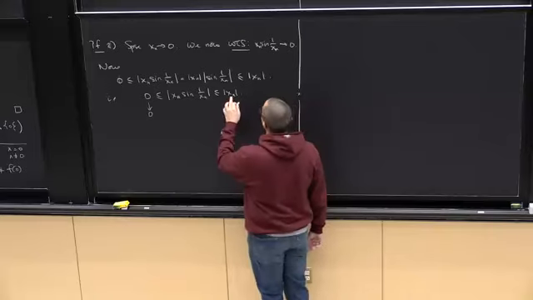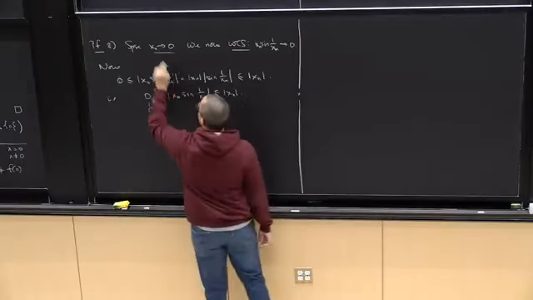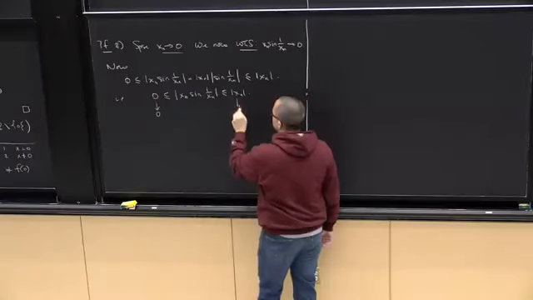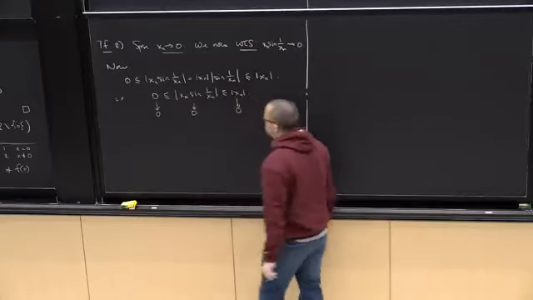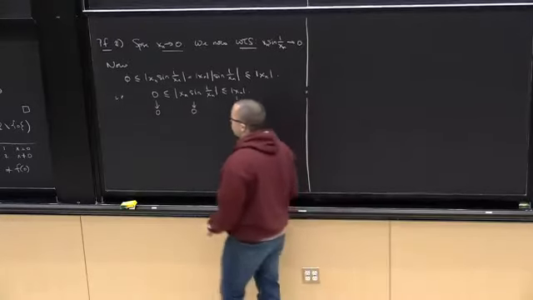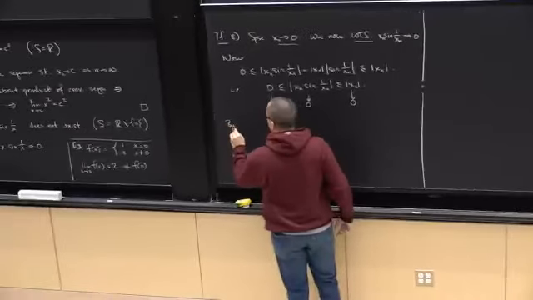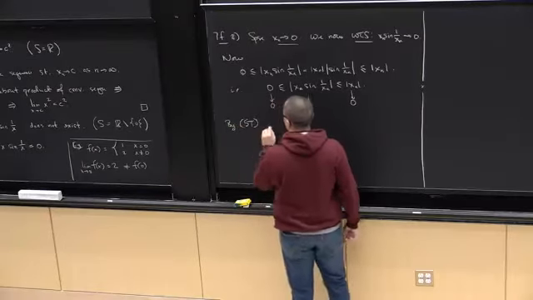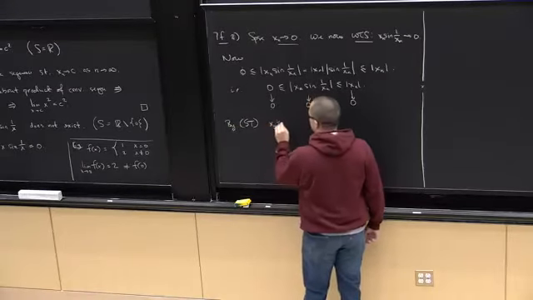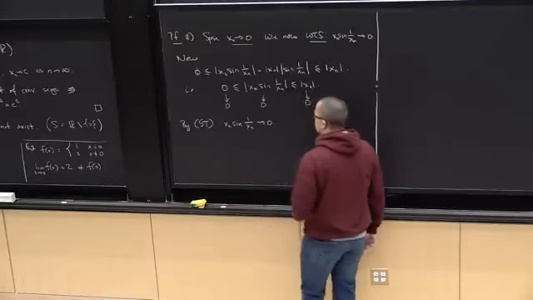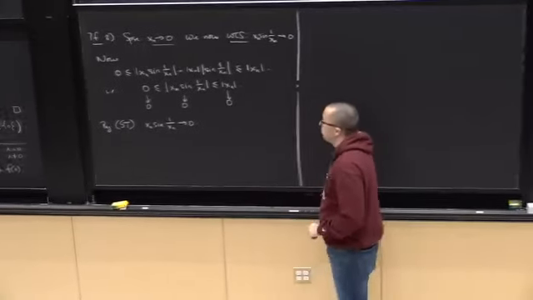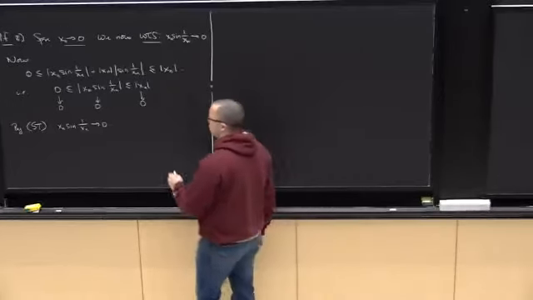Since x_n is converging to 0, remember we're assuming that, this converges to 0, and therefore what gets trapped in between goes to 0. So by the squeeze theorem, x_n times sine of 1 over x_n converges to 0, and that proves the second claim.